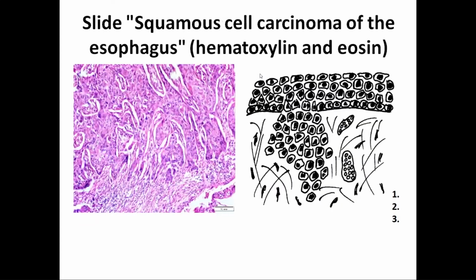Squamous cell carcinoma of the esophagus. Squamous cell carcinoma is a collective term for carcinomas that mimic squamous epithelium, exhibiting filamentous eosinophilic cytoplasm, demarcated cell borders, and often keratinization.